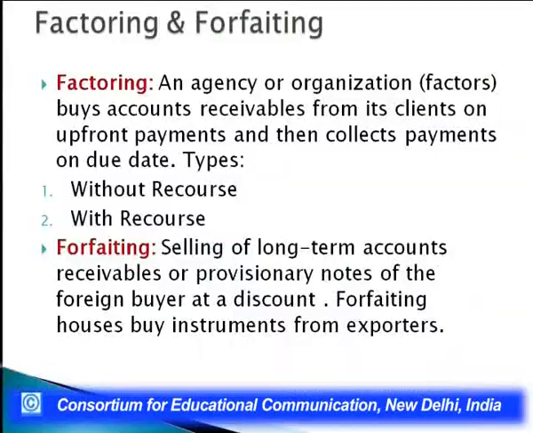This purchase can be under two different conditions. One is without recourse and another is with recourse. With recourse means in case the person who was supposed to pay you, the person who issued the receivables, doesn't pay, then this factor can come to you and collect from you.